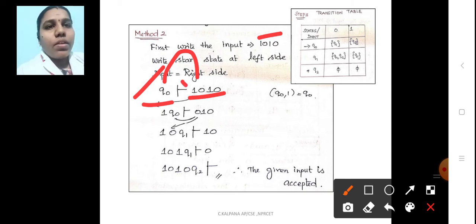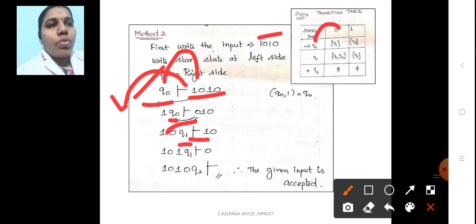So move the input 1 to the right hand side and write the answer Q0 here. Then check Q0 on 0. The answer is Q1. So move the input 0 to the right hand side and write the state Q1. Then check Q1 on 1. Q1 on 1 is Q1. So move the input to the right hand side and write the answer Q1.